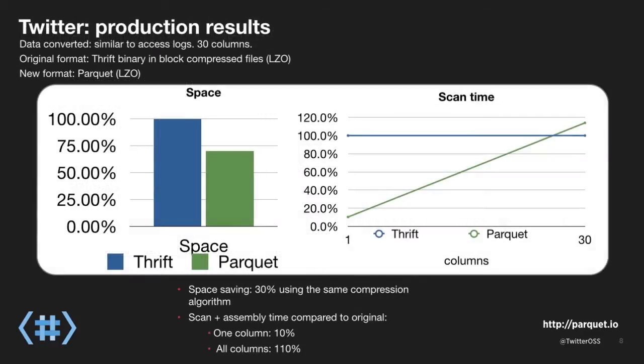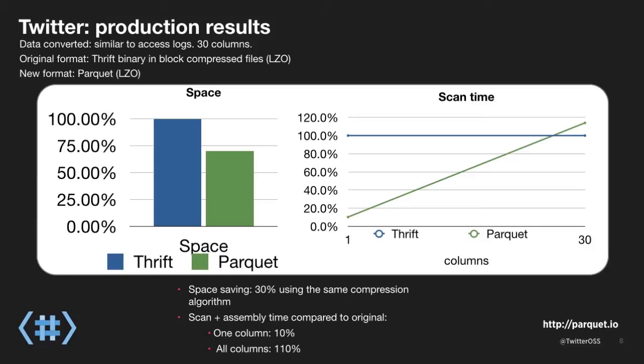So here are some numbers. We took one of the big log categories that we have, that is basically one entry for each HTTP request on the front end. It has 30 columns, and you have things like the IP address it's coming from, the machine server name, when it happened, the user ID, all those things in different columns.